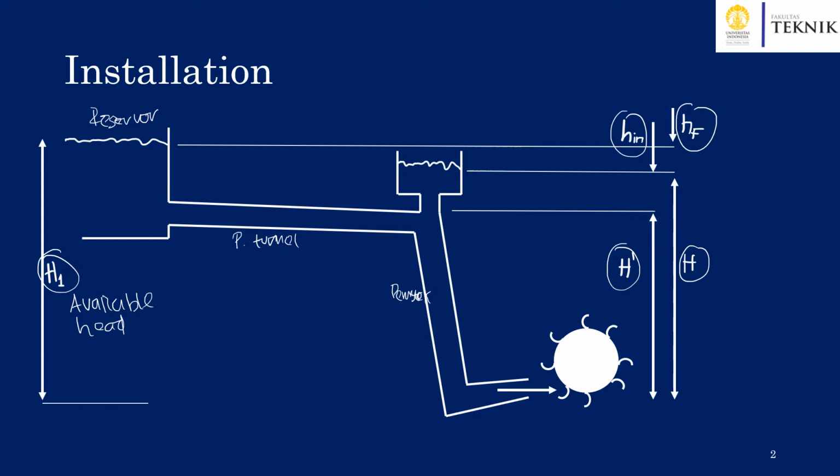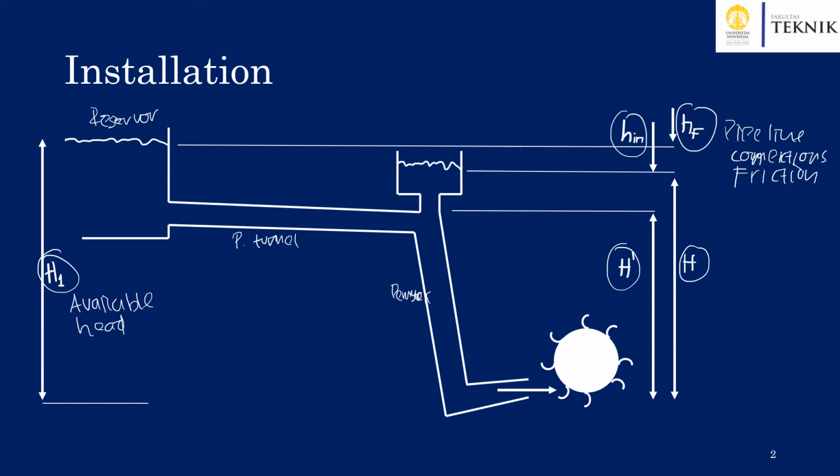This is the head that is available in the installation of hydraulic turbines. And because we have some pipelines and connections that cause losses, the losses due to the pipeline and connections between pipes, and we can also count friction, that might cause an energy loss.